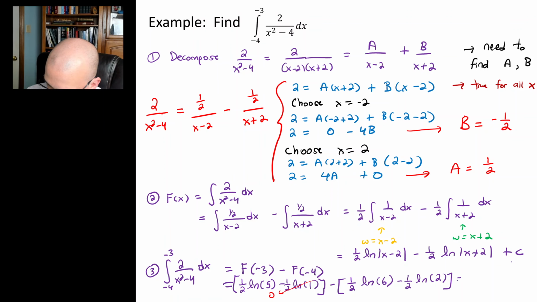And we end up with 1/2 ln 5 minus 1/2 ln 6. And then we have a double negative, so plus 1/2 ln 2. And that'll be our answer.